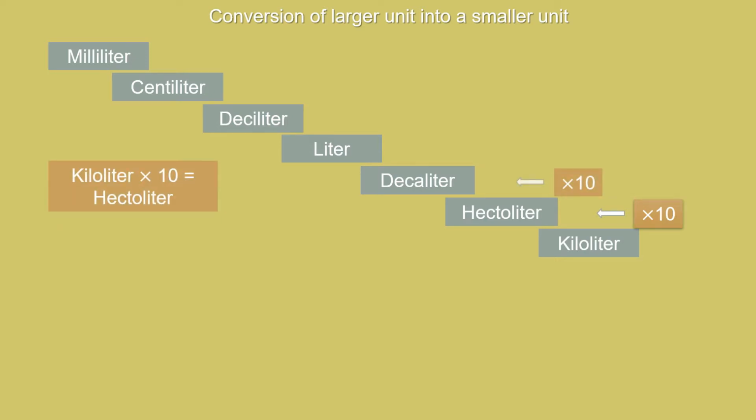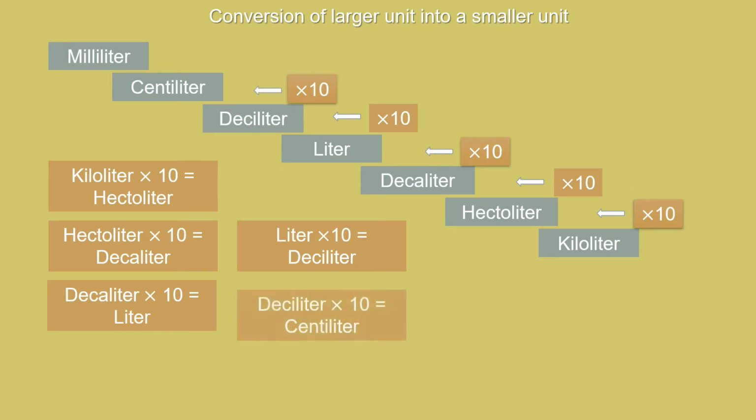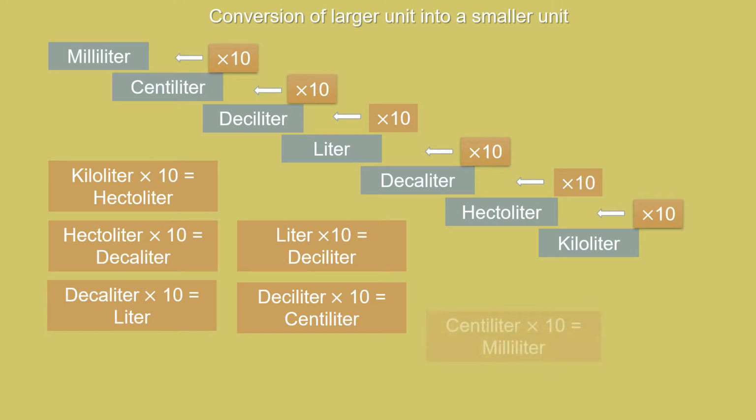Hectoliter multiplied by 10 will give decaliter. Decaliter multiplied by 10 will give liter. Liter multiplied by 10 will give deciliter. Deciliter multiplied by 10 will give centiliter. Centiliter multiplied by 10 will give milliliter. Is it clear to you?